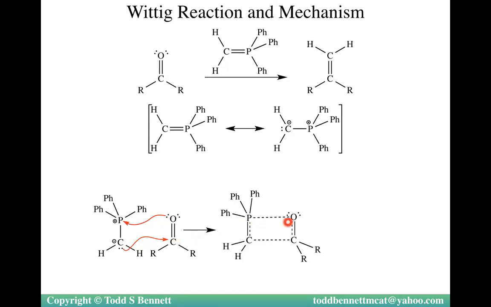Okay, so we have this intermediate. Phosphorus wants its bond to oxygen, so it is going to eventually break and form this bond right here. It's going to become a full-fledged covalent bond. And you're going to end up with another full-fledged bond here. So if these things move over that way, you're going to take the electron density between the phosphorus and carbon, end up between the two carbons.